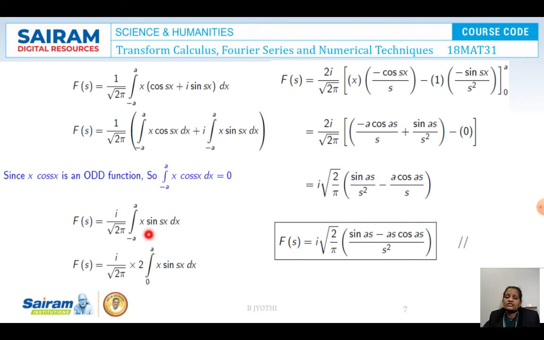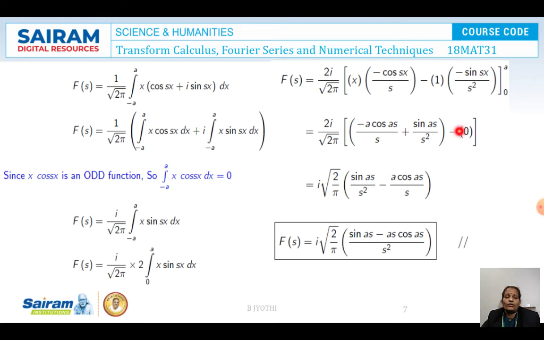Instead of minus a to plus a, we can write it as 0 to a, x sin sx dx. Again, we will integrate this by parts or by Bernoulli's rule of integration. x into integral of sin sx is minus cos sx divided by s, minus derivative of x is 1, and integral of cos sx is sin sx divided by s square, and the limits are substituted as 0 to a.